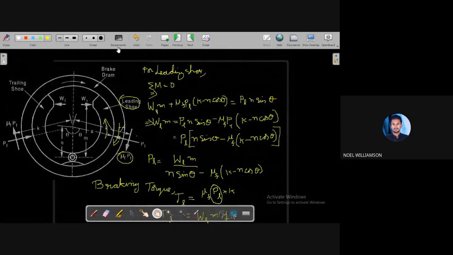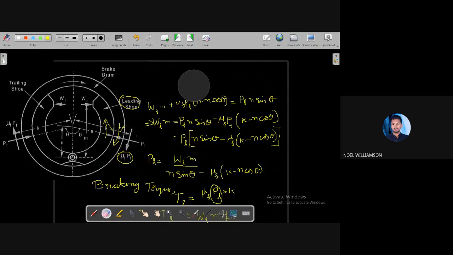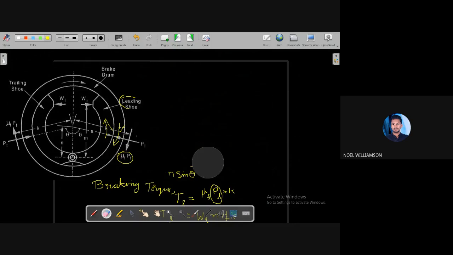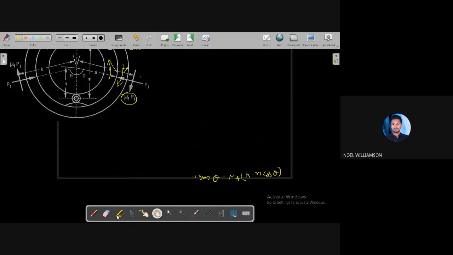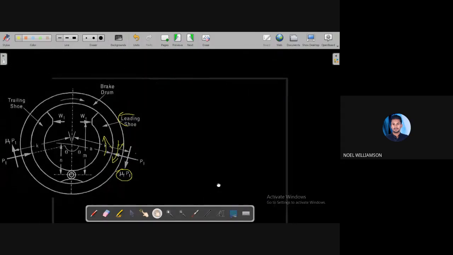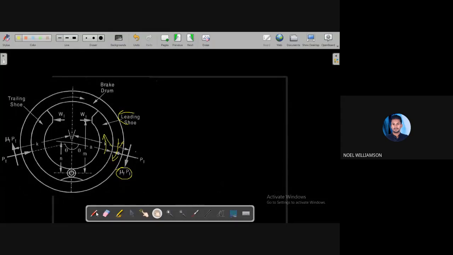So we can see how it is. That is for the trailing shoe.